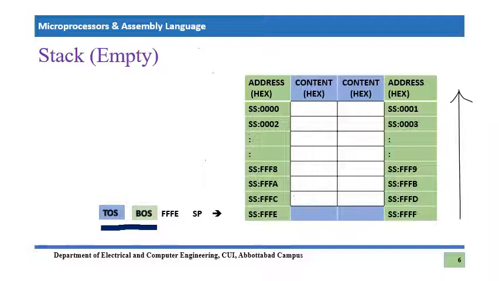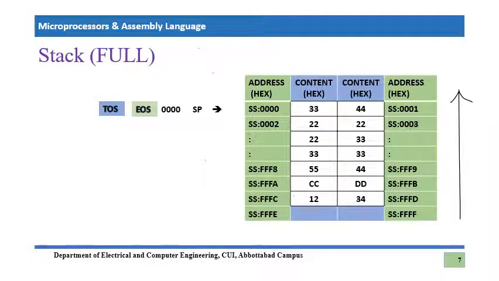Right now the top of stack is the position which is supposed to be the bottom of stack. So if the stack is empty, your bottom of stack becomes the top of stack. In this case, the stack pointer value will be FFFE for both the bottom of stack and the top of stack.